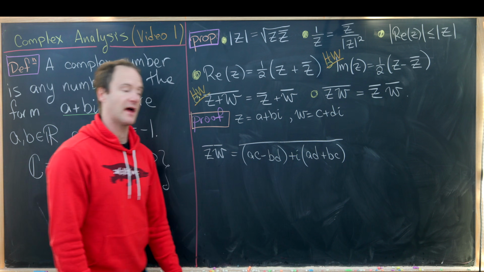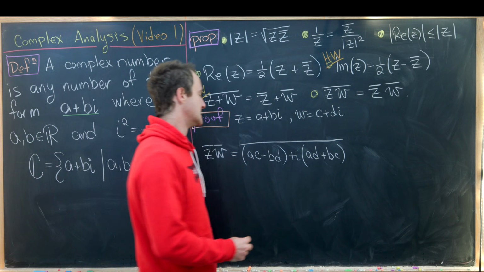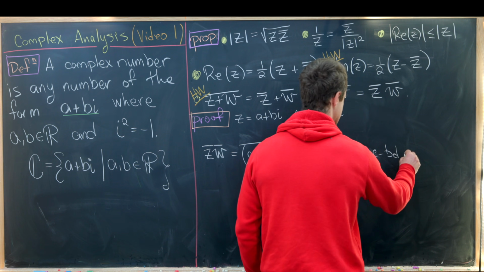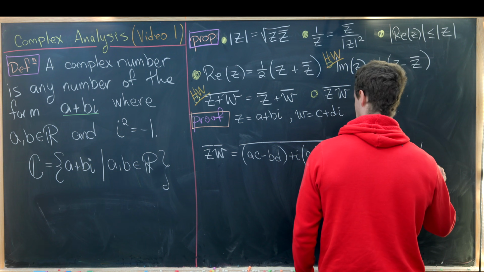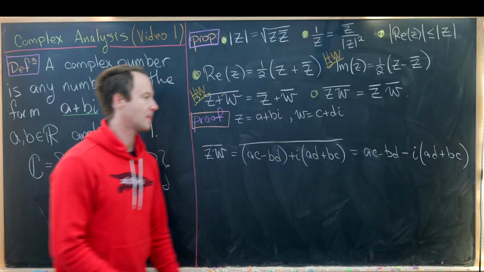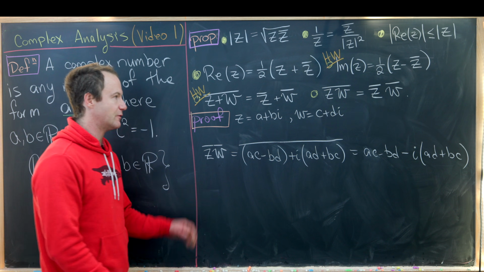Then we need to bar that. Okay, good. But now let's notice that that is exactly equal to ac minus bd minus i times (ad plus bc). Okay, good. Now let's see what we get for the other.